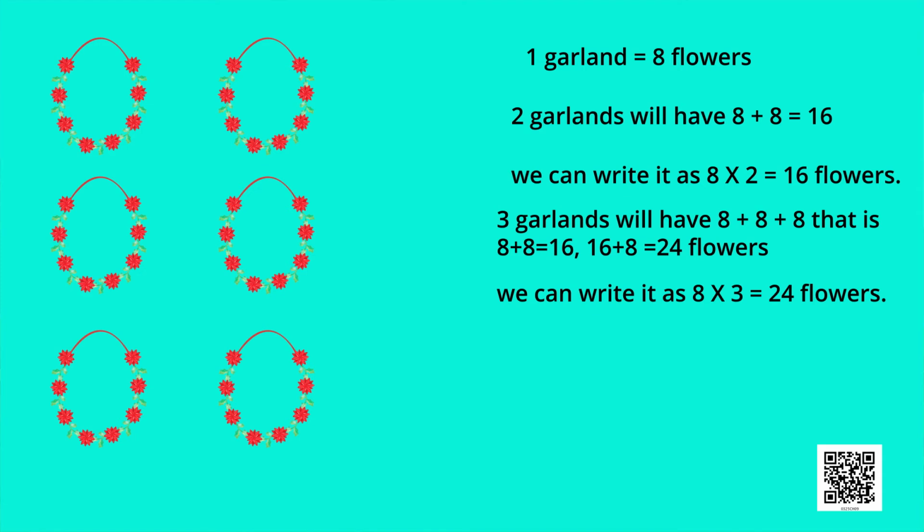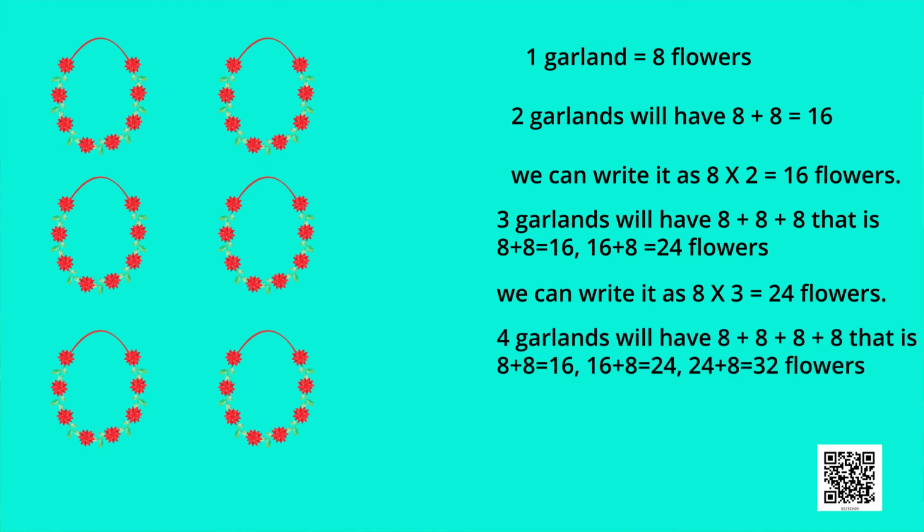4 garlands will have 8 plus 8 plus 8 plus 8, that is 8 plus 8 is equal to 16. 16 plus 8 is equal to 24. 24 plus 8 is equal to 32 flowers, which can be written as 8 multiplied by 4.